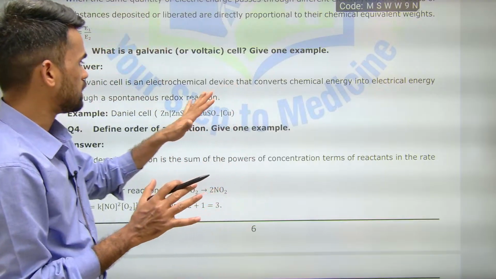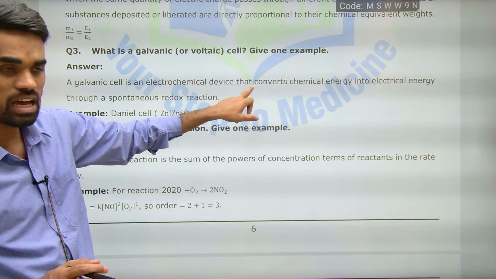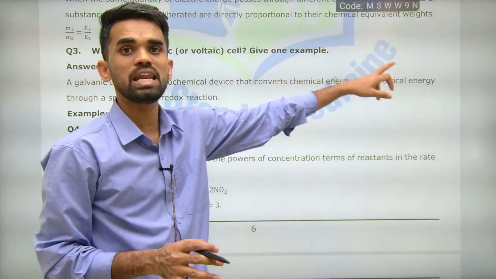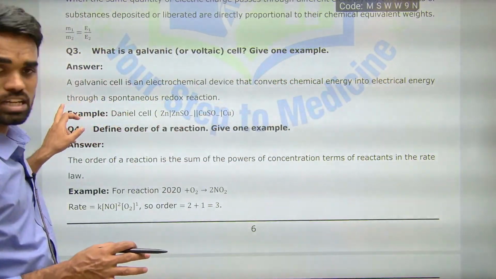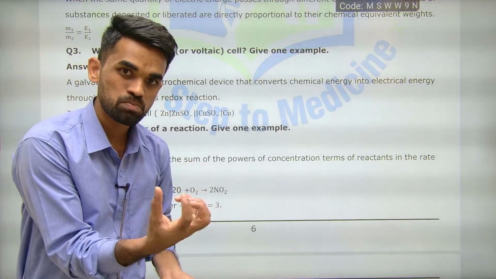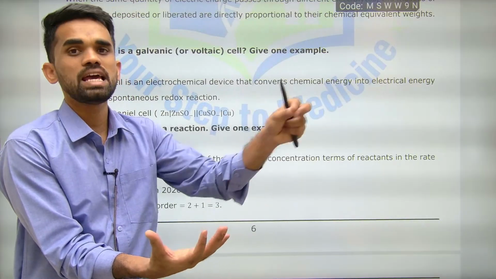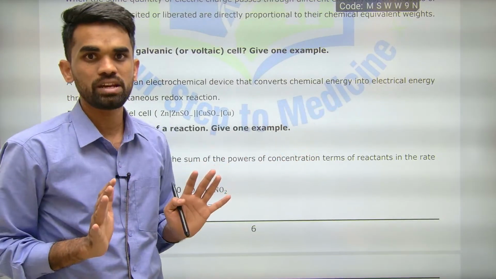Or you can write: a galvanic cell is an electrochemical device that converts chemical energy into electrical energy through a spontaneous redox reaction. It means a spontaneous redox reaction takes place in that cell that produces electricity. This is what the galvanic cell does.